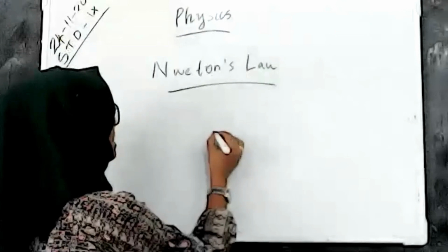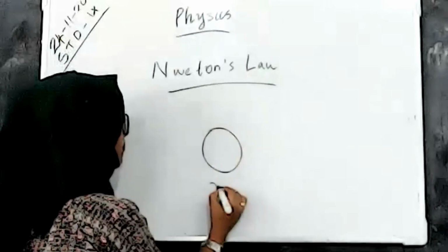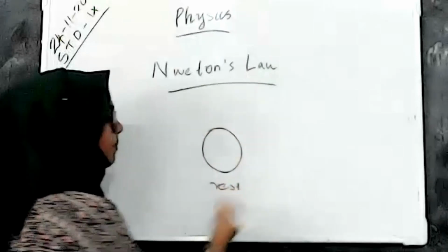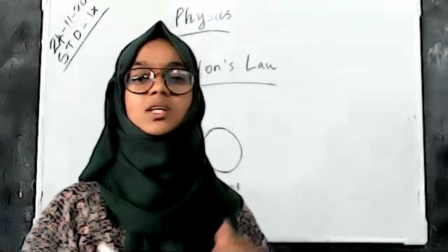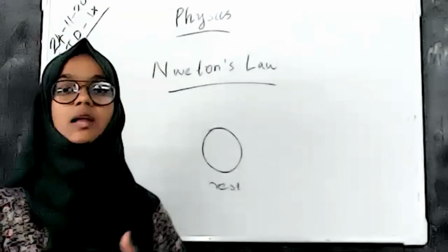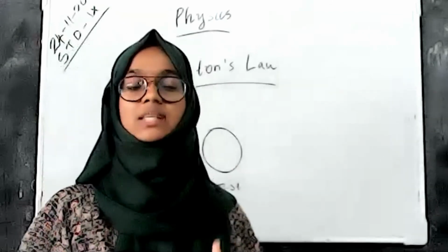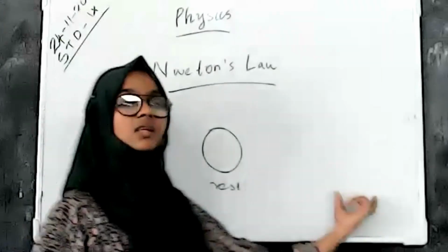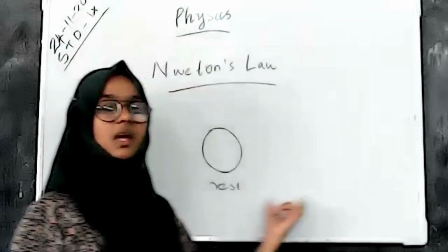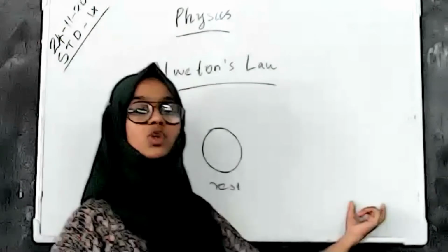When this body gets a force, an external unbalanced force, it changes its state of rest to another state, that is, from a state of rest to a state of motion.